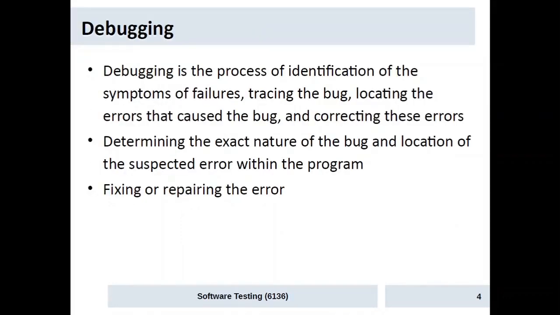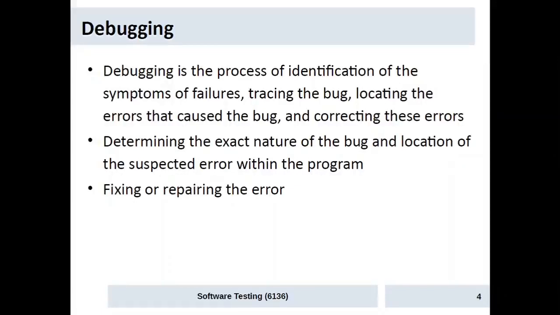Debugging is the process of fixing a bug in the software. The testing phase in the SDLC is aimed at finding bugs and removing errors and building confidence in software quality. So in this sense, the testing phase can be divided into two parts: preparation of test cases, executing them, and observing the output.